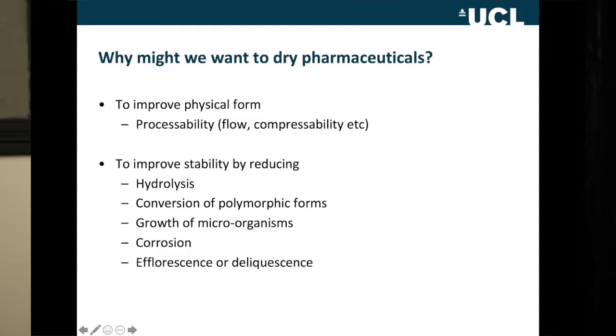Why do we want to do this? There are a number of reasons listed on the screen in front of you, but one is the physical form. So quite often when you're making something in a factory, working in a factory is completely different from working in a laboratory. In a laboratory you might wet granulate something, a very small amount of a powder, 20 grams or something like that, and you might dry it out and compress it into a tablet yourself.